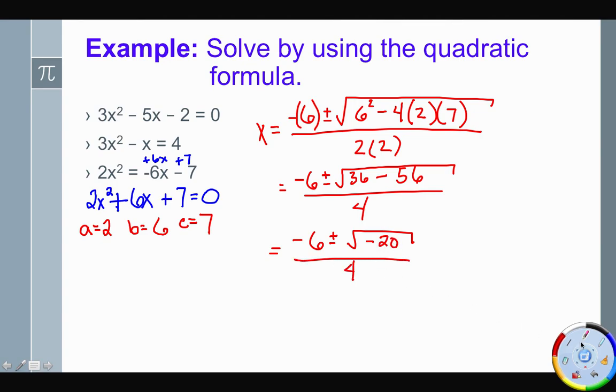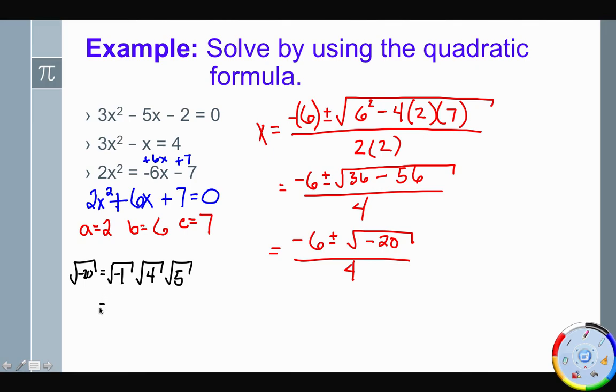So we need to do that little scratch work stuff that we did from the last lesson. We know that the square root of negative 20 is equal to the square root of negative 1 times the square root of 4 times the square root of 5. And the reason I use 4 is because it's a perfect square.